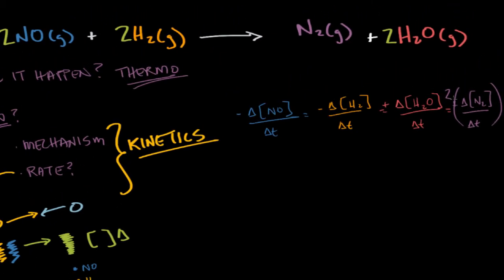And we can get rid of this 2 by multiplying all of these rates by 1/2. So multiplied by 1/2, and by 1/2, and by 1/2, and then when we multiply our nitrogen term by 1/2, the 2 we were originally multiplying with cancels.